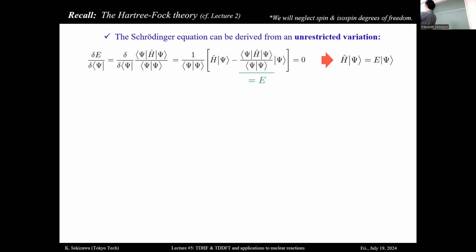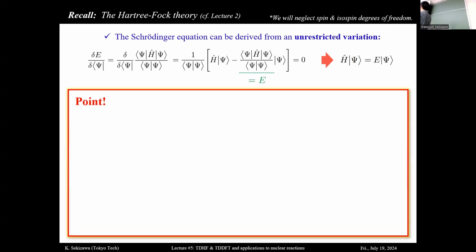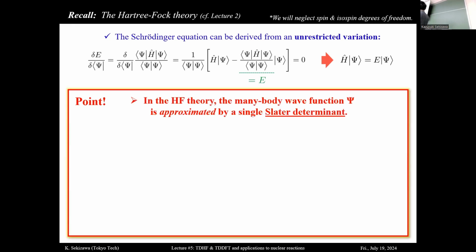Without any restriction to the many-body wave function, we can derive the Schrödinger equation. And what was the Hartree-Fock approximation? In the Hartree-Fock theory, we approximate the many-body wave function psi as a single Slater determinant. So that was the point.